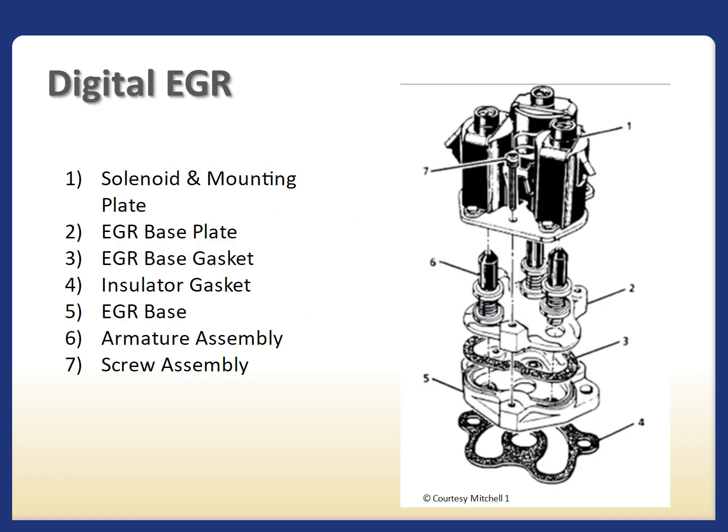The digital EGR system valve operates without the use of engine manifold vacuum. Instead, it controls the system flow through three orifices that are opened and closed by electric solenoids. The solenoids are in turn controlled by the Electronic Control Module, or ECM. The ECM uses input from the coolant temperature, throttle position, and mass airflow sensor.